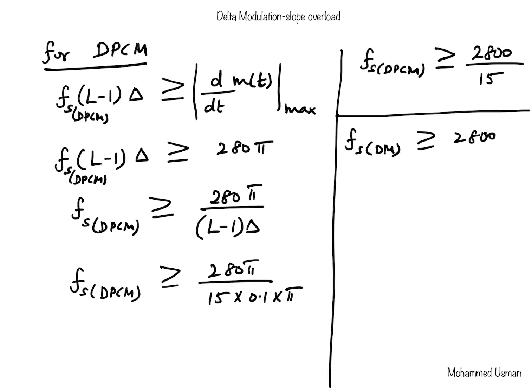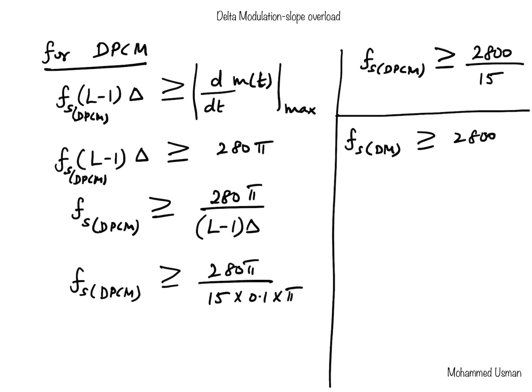That means DPCM requires a sampling rate which is smaller by a factor of L minus 1, which is 16 minus 1, which is 15. So you clearly see from this example that delta modulation requires a much higher sampling rate in order to avoid slope overload distortion.